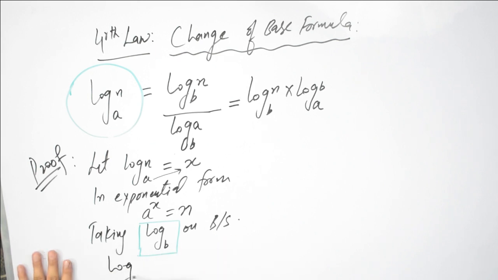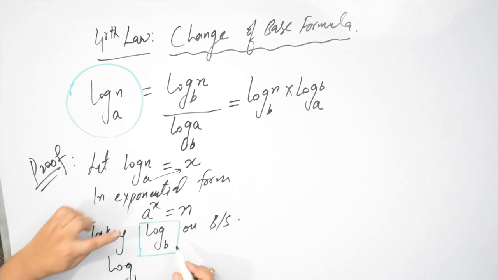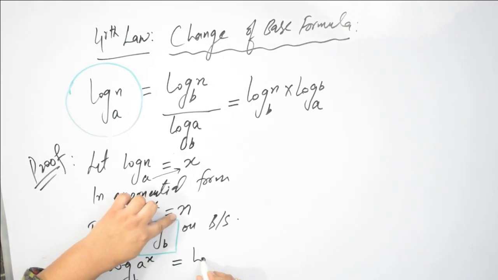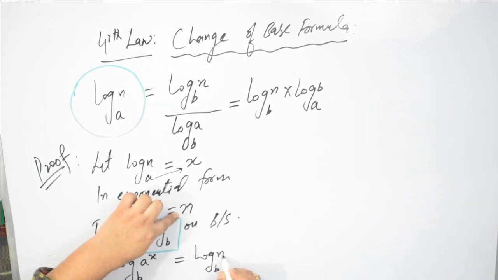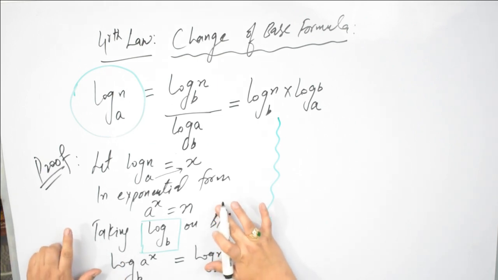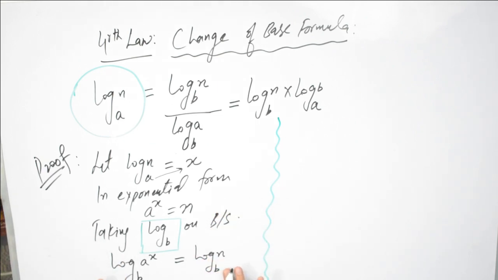So log b, यहाँ पे भी इस साइड पे भी ले लें, and log to the base b इधर भी ले लें आप. ठीक है, log to the base b on both sides यहाँ पर this equation. ठीक है, इस equation के दोनों तरफ आपने.